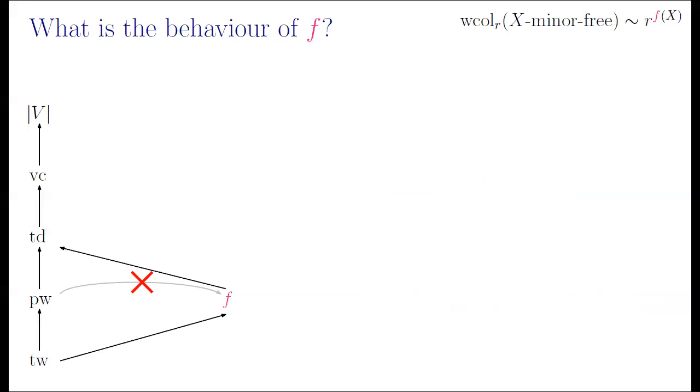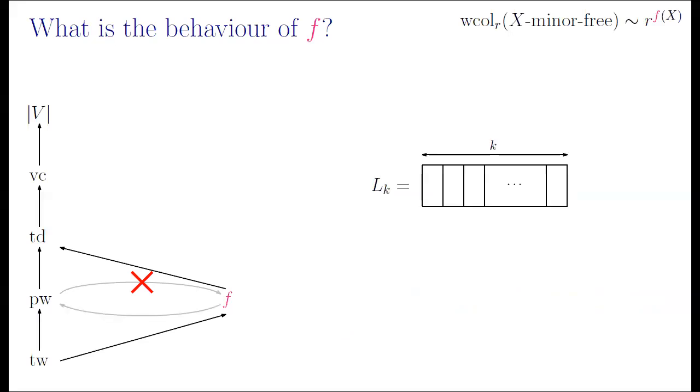Let's see the other one. We take a ladder with k rungs, and now if you look carefully, this is again something to check. If you take this GRT construction, then it's L_k minor free. But the weak coloring number of such a thing is large.